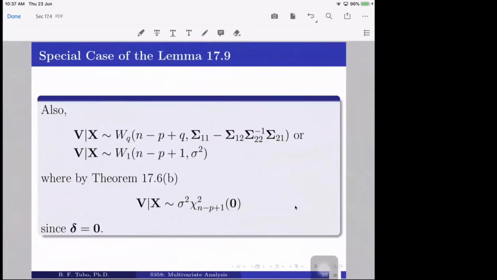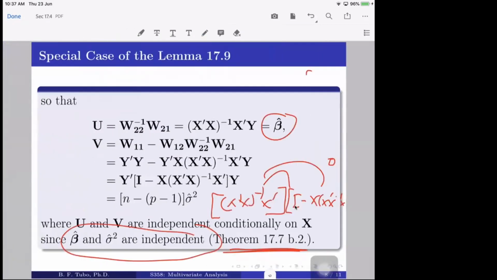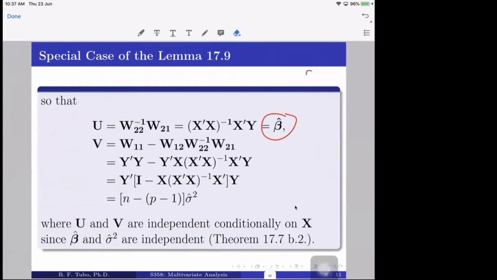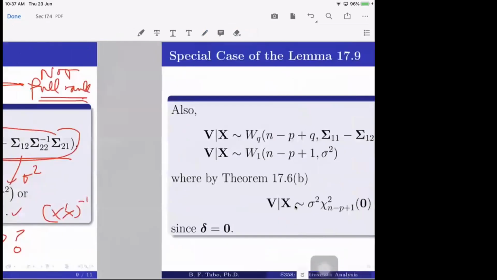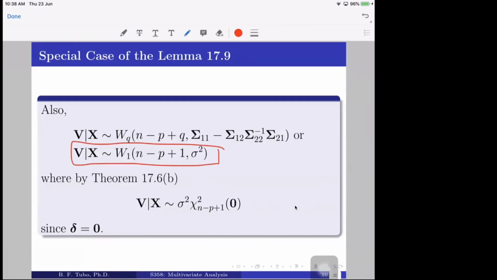So now you know. So also, what is our V? The V is this one, the variance. The V for ordinary least squares is a component of a variance conditioned on X, on your explanatory variable, and will be Wishart, no?